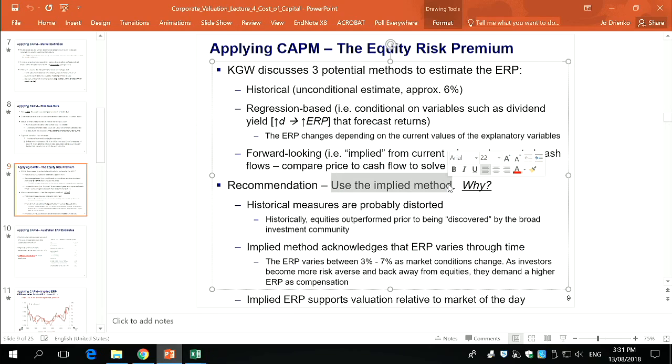So again, I sort of prefer the implied. Historical is historical. It's backward-looking. That's the problem with it. And in the past, equities did much better than they do now. In the past, equities had 12% return, 15% return, very good returns. Now, if you have 5, 6, 7% return on shares, that's considered good, right?